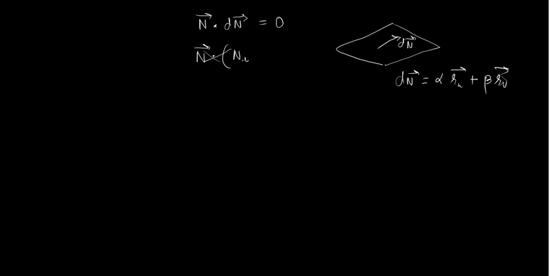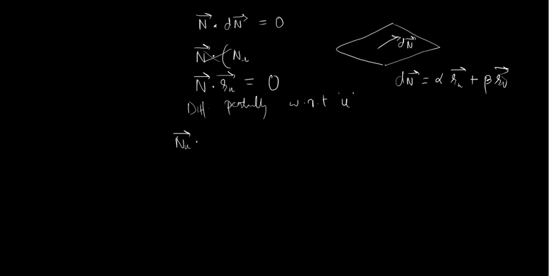Other than that, I can also separately think, without any reference to this, that n dot Ru is equal to 0 because n is perpendicular to both Ru and Rv. So if you differentiate it partially with respect to u, using the product property, the dot product differentiation is just like an ordinary product.